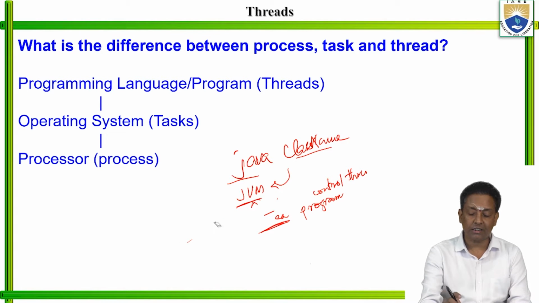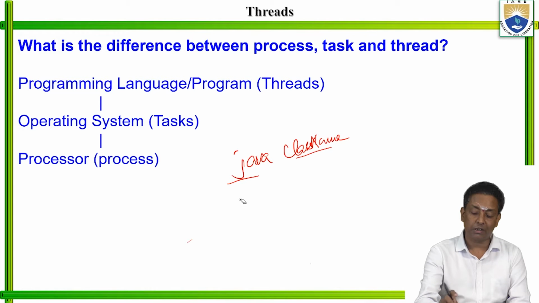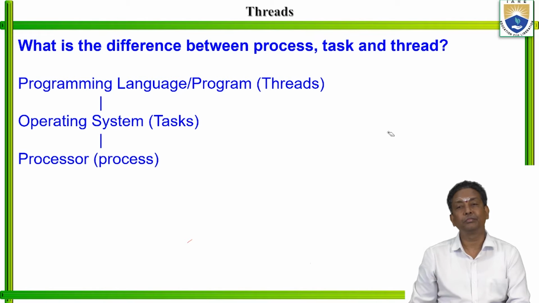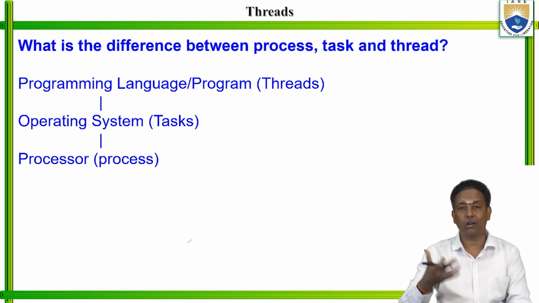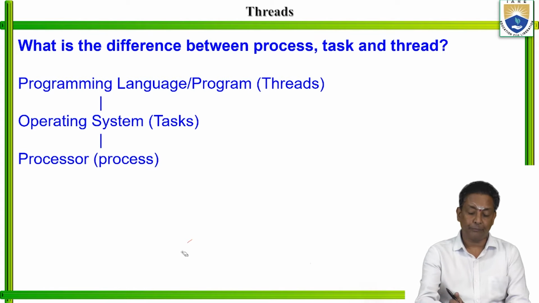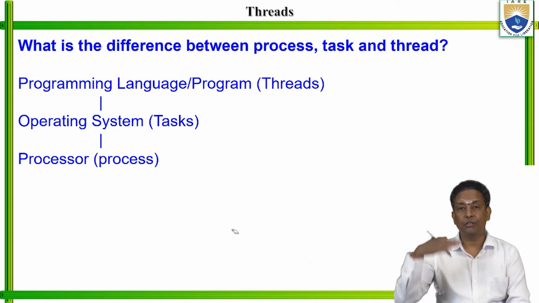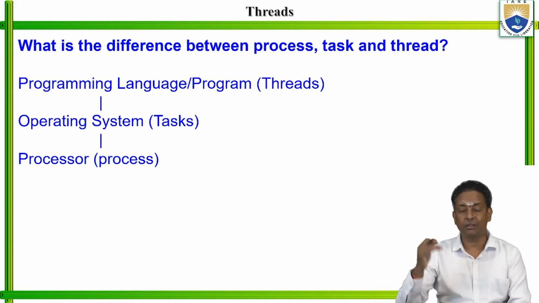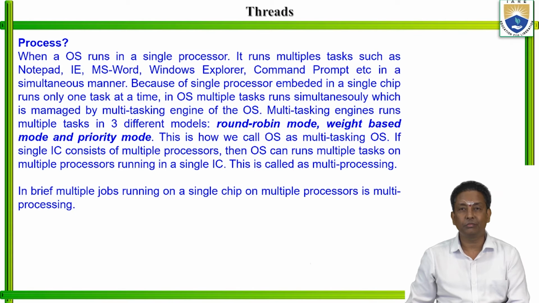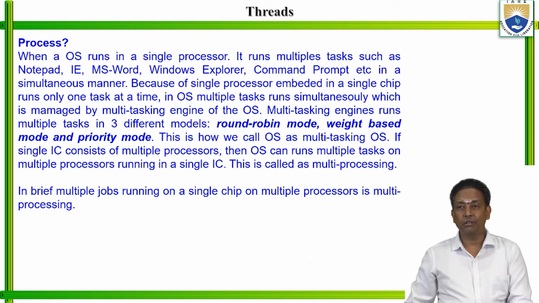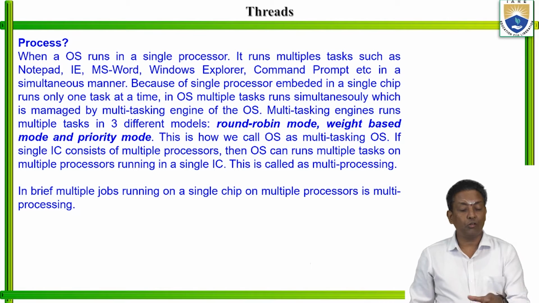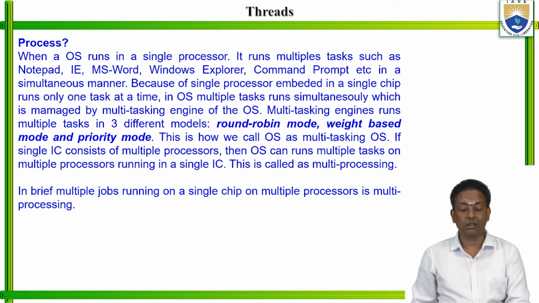Processes run at the processor level, tasks run at the operating system level, and threads run at the JVM level. The programs we write will run inside the JVM. So JVM-level threads, OS-level tasks, processor-level processes. This is just a brief note.